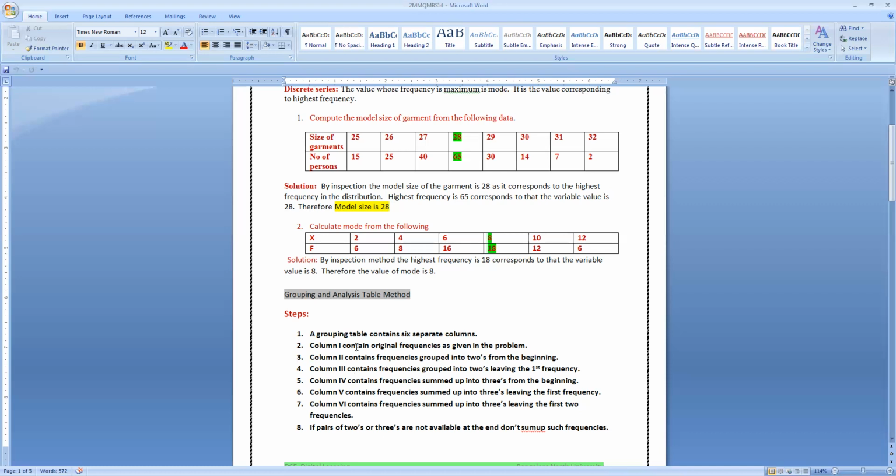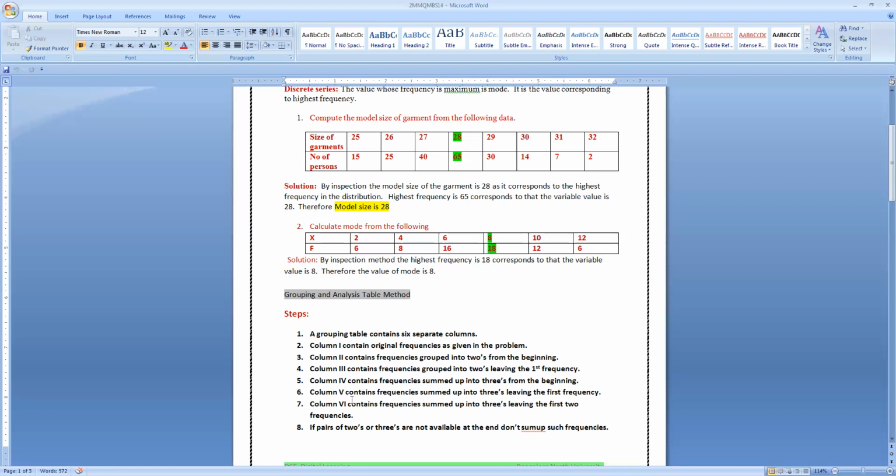So in the first column, we highlight the frequencies given in the question. In the second column, we group 2 from the beginning itself. In the third column, we leave the first frequency, then group 2 frequencies together. The fourth column contains 3s from the beginning; we total 3 frequencies from the beginning itself.